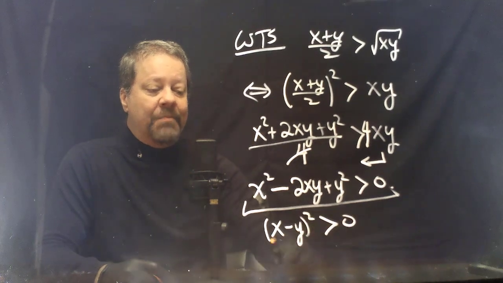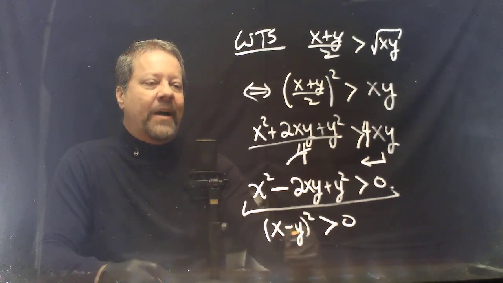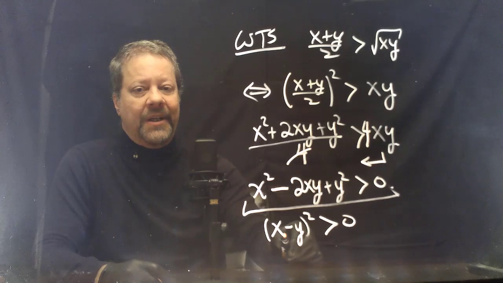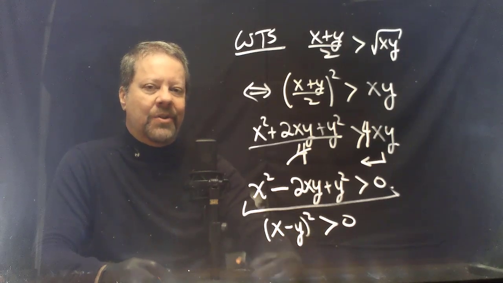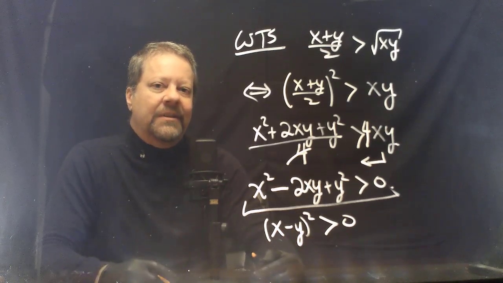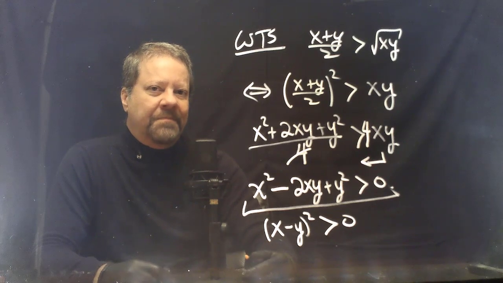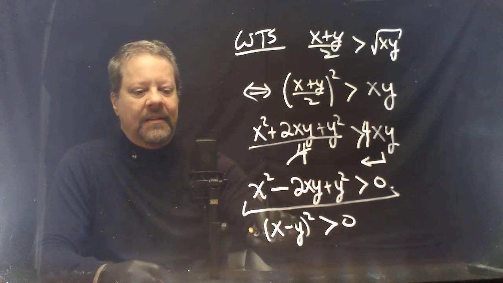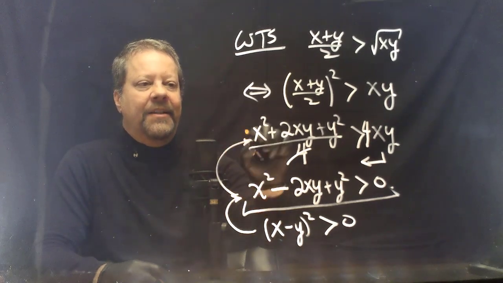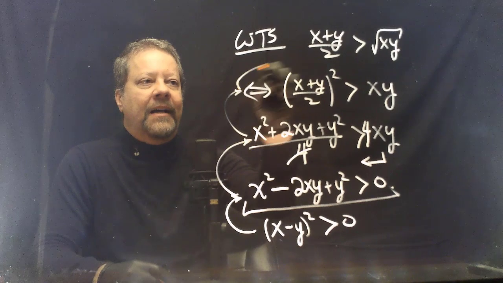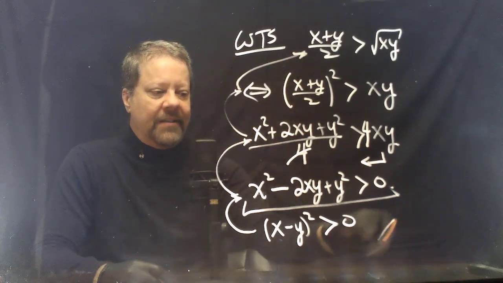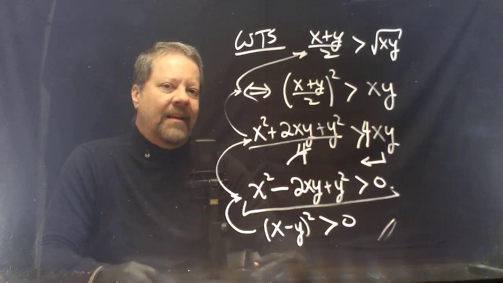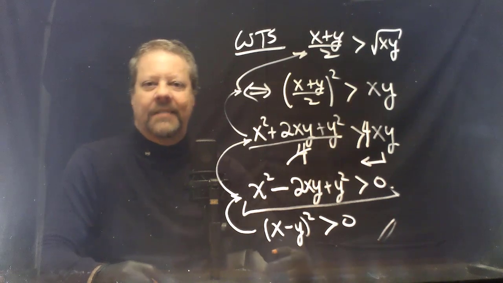And that is bigger than 0 because x and y are distinct. We don't get 0 here. We'll get something non-zero. When you square something non-zero, you get a positive real number. And so now we'll work from this back to here, back to here, back to here, and then back to there. So we can reverse these steps and arrive at the conclusion that we seek.